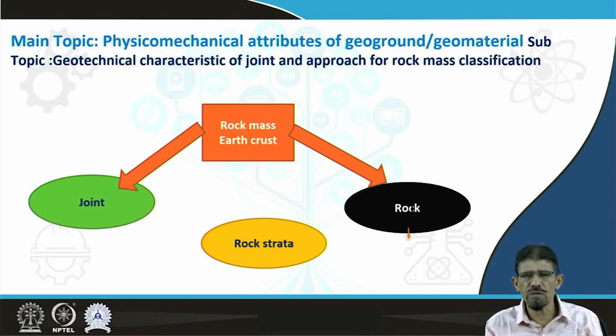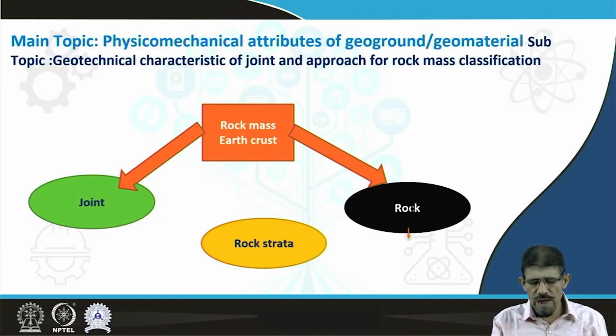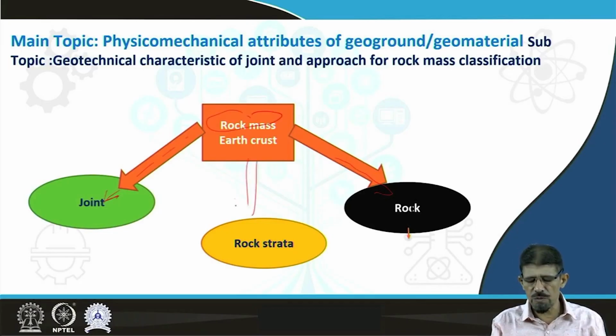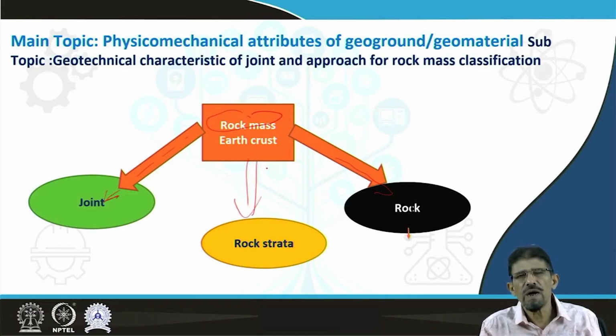Today we are going to concentrate only on rock strata, and rock strata is an integration of rock mass. Rock mass, as per our discussions, consists of two things: one is joint and another is intact rock. This integration of rock mass is responsible for formation of rock strata or rock stratum, and the plural is rock strata.